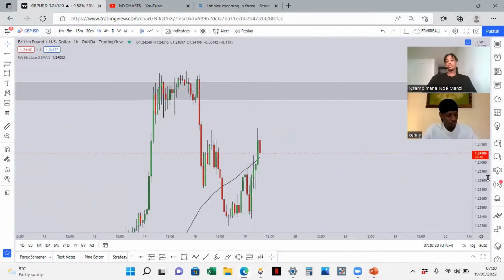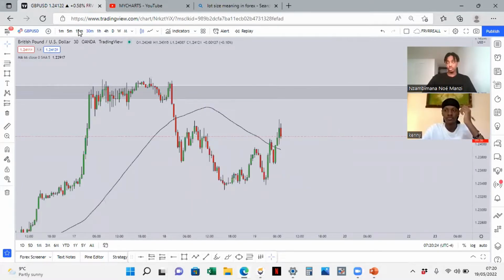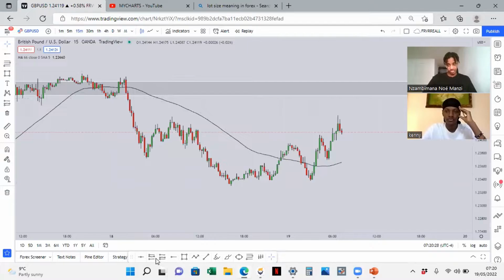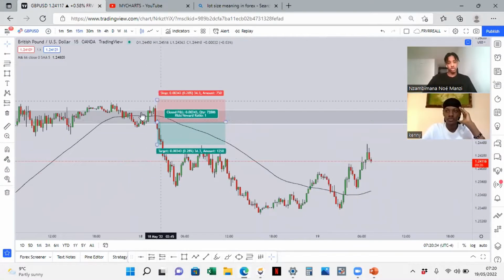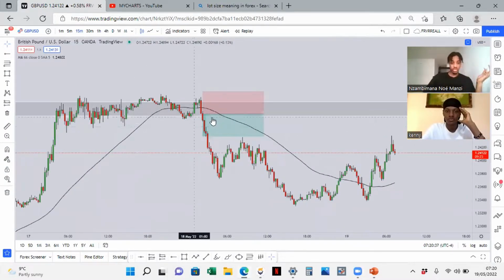Let's say for example you were to take this trade, you were to enter over here after this engulfing candle. Now all you have to do is place your stop loss and place your target, right?